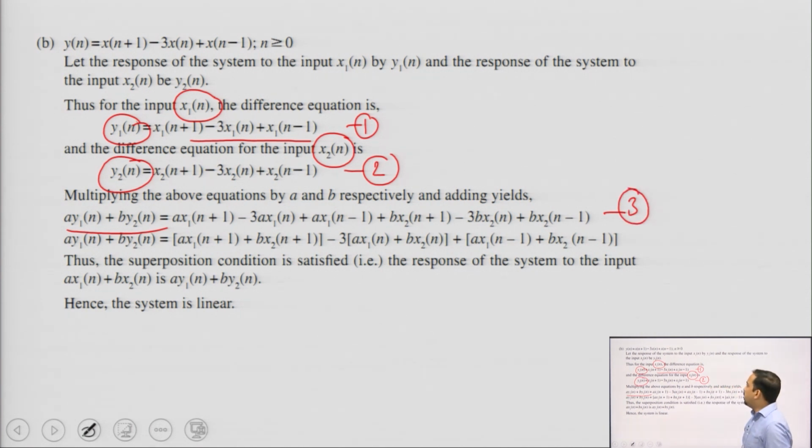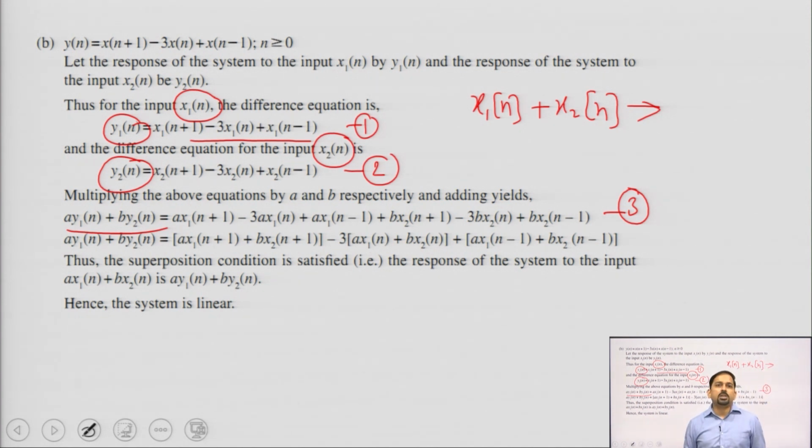Now, what I can say is that we are putting x1[n] plus x2[n], and definitely it will give rise to some output, which is let us say y3. So, now instead of x1[n] plus x2[n], we will put this instead of x[n] in the above equation, and again definitely it will give rise to y1[n] and y2[n].